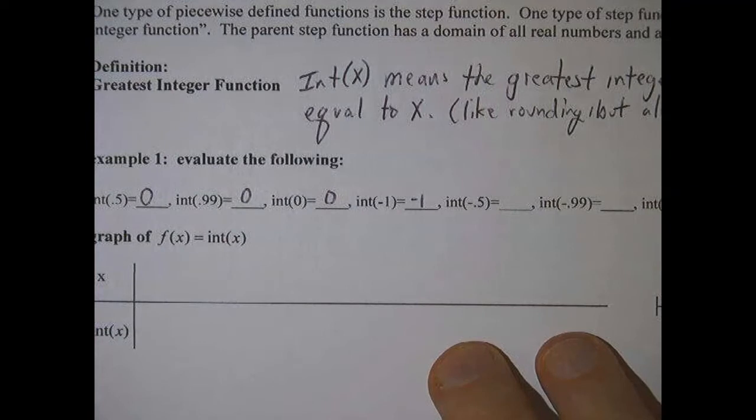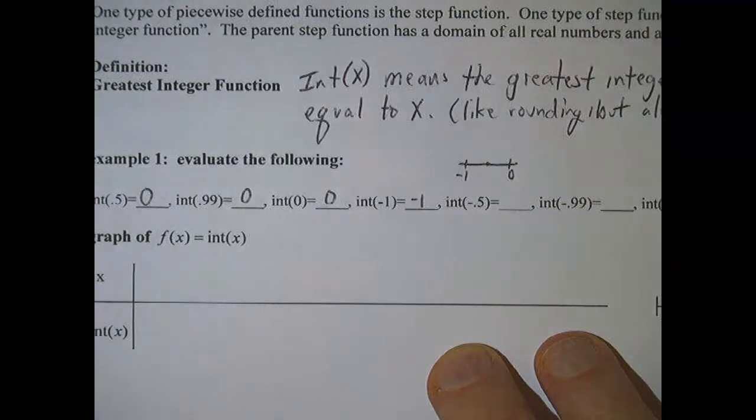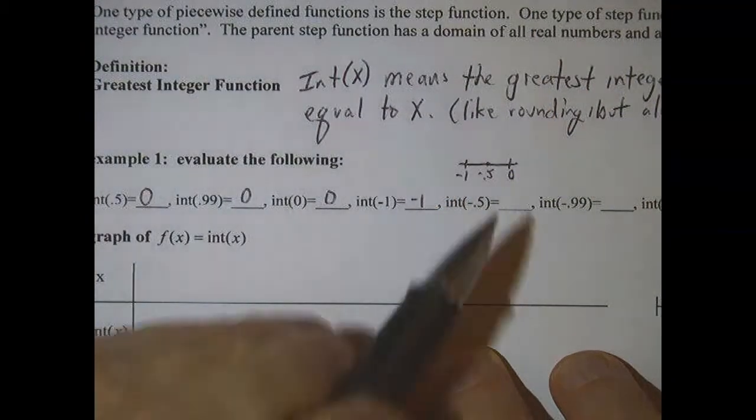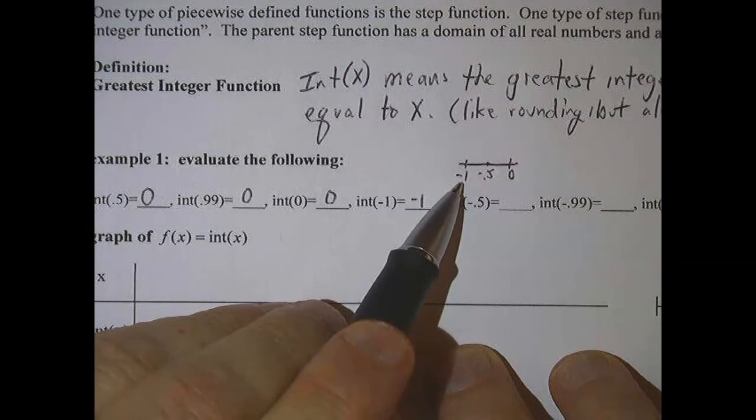Less than or equal to negative 0.5, let's just look at this one because it can be a little bit tricky. So here's negative 1, here's 0, and negative 0.5 is somewhere in the middle, right? So the greatest integer less than or equal to that is negative 1.